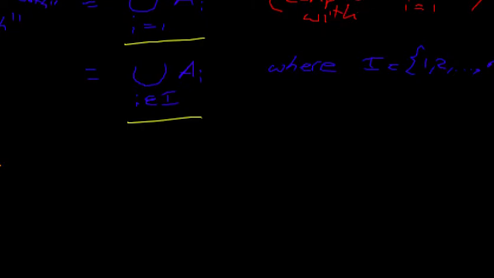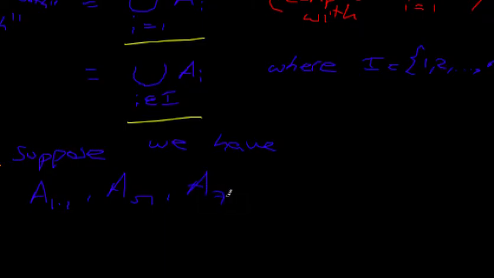Okay, so for example, if we had a bunch of sets which were indexed by real numbers, suppose we have like a 1.1 and a sub pi, a sub 72, etc. But like loads and loads of these, like the same number as there are real numbers.